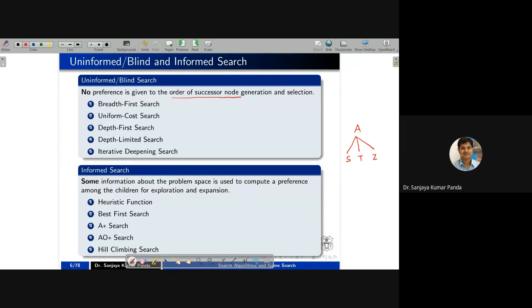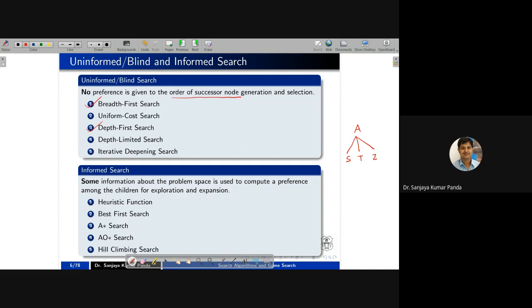Under this category, you will find 5 different search algorithms, starting from breadth first search. If you belong to computer science, then you know this is a very famous search algorithm. There is another famous algorithm called depth first search that we have studied in data structures.